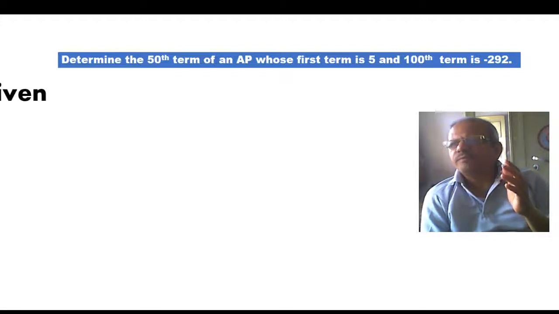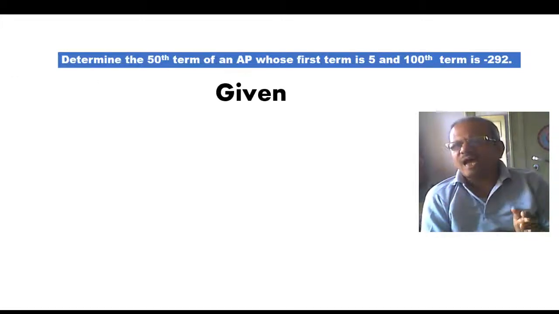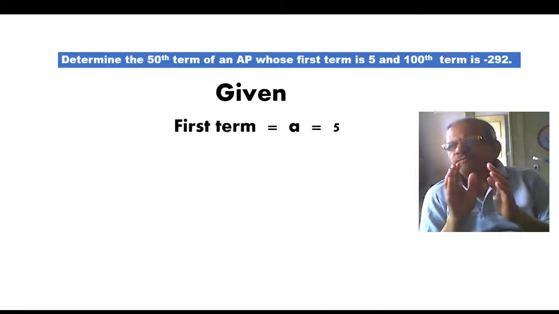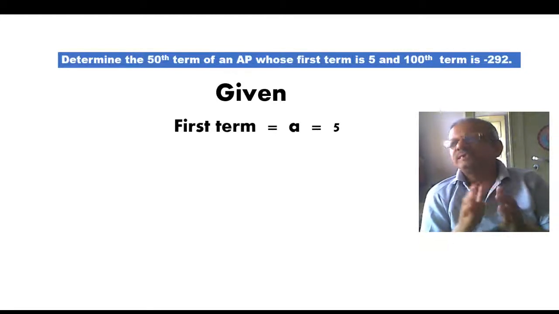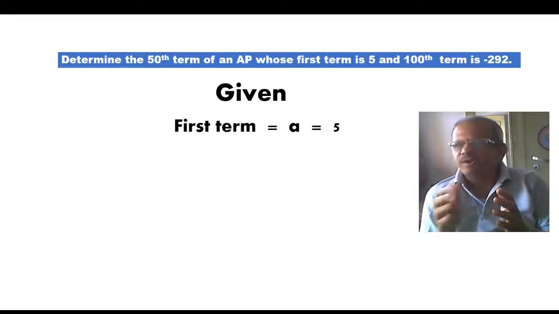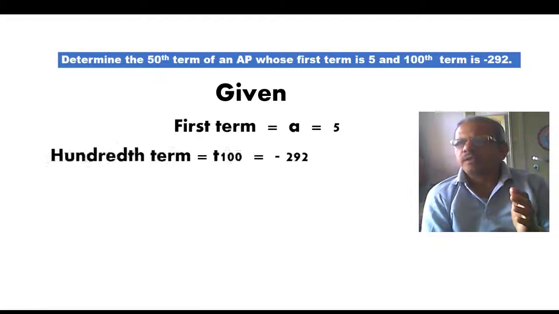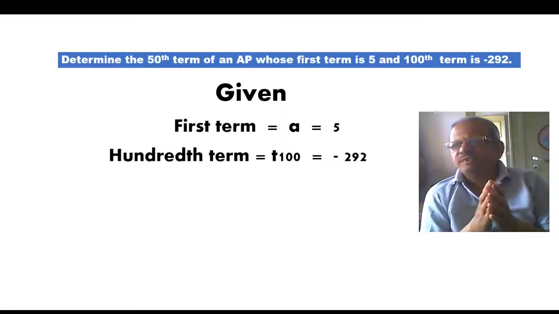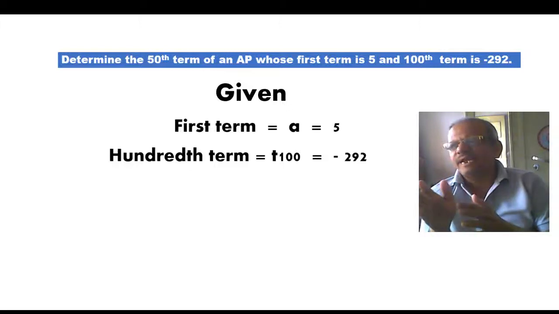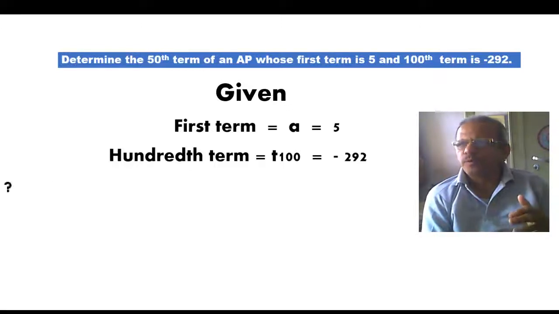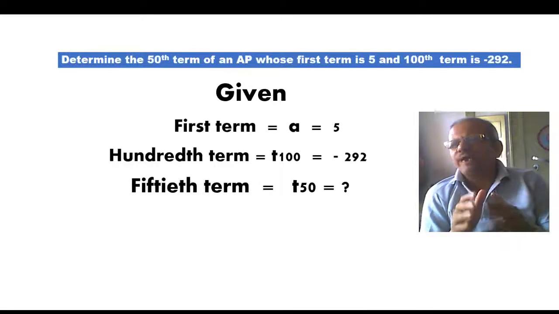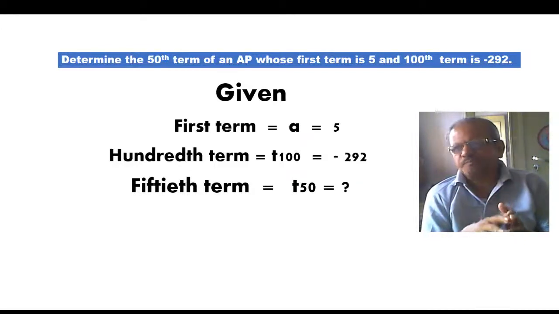So here the given things are: first term A is equal to 5, the 100th term T100 is equal to minus 292, and we have to find the 50th term, denoted by T50.